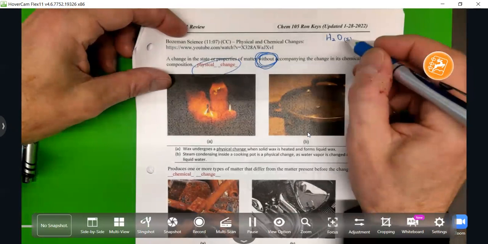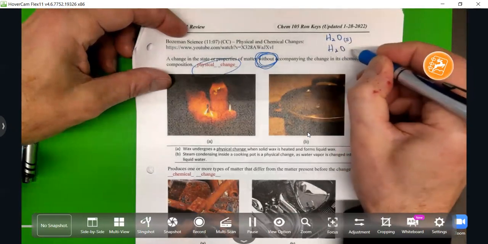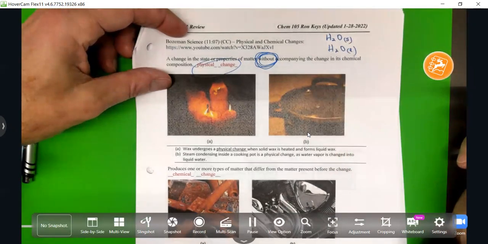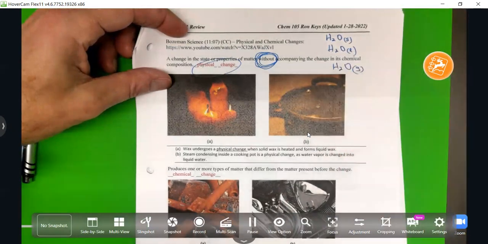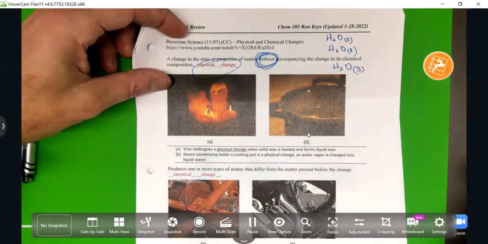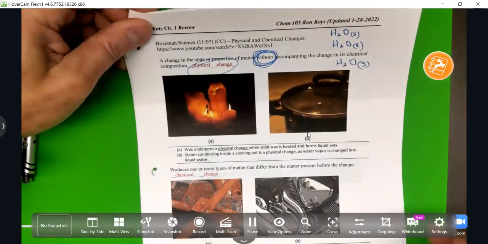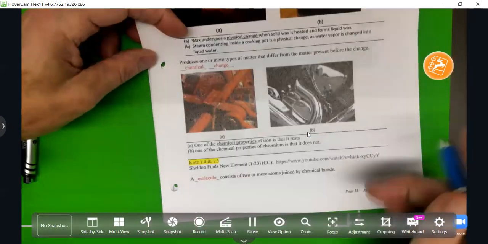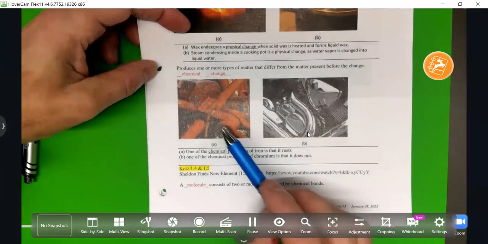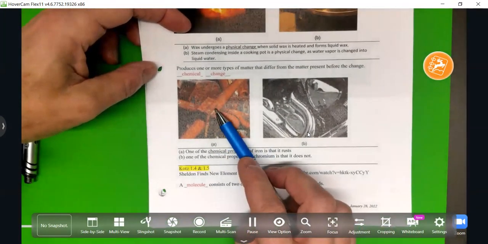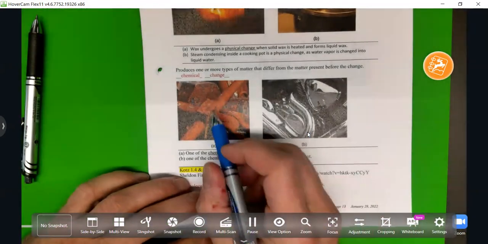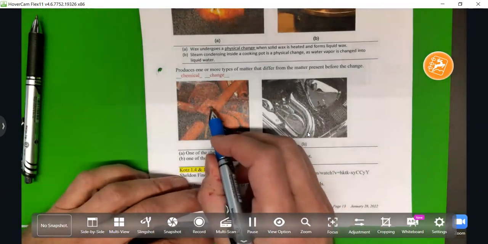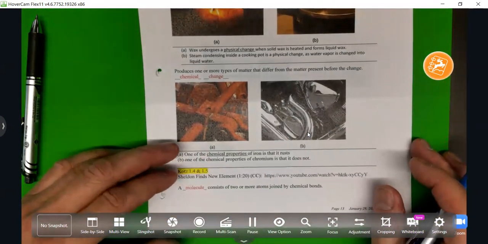If you do a physical change, you get H2O liquid, right? And then you could have H2O gas. That versus a chemical change would look like this. This might be some of the vehicles that I would drive. This would be maybe the shiny vehicles we would drive, but obviously this isn't iron anymore. This is iron oxide, right? A chemical change.